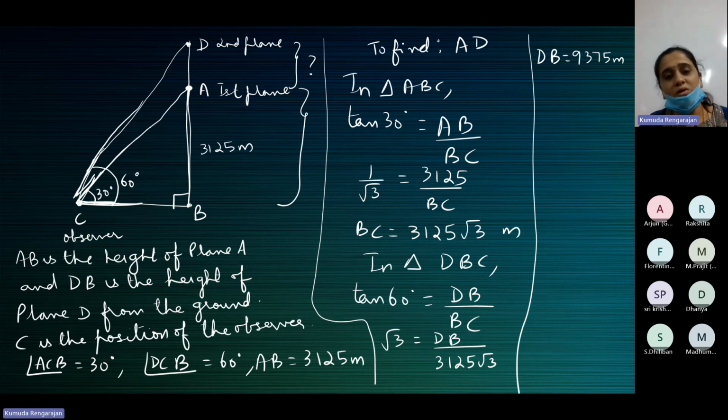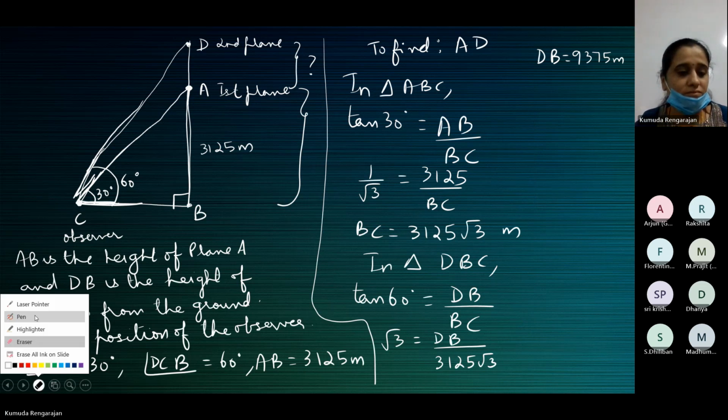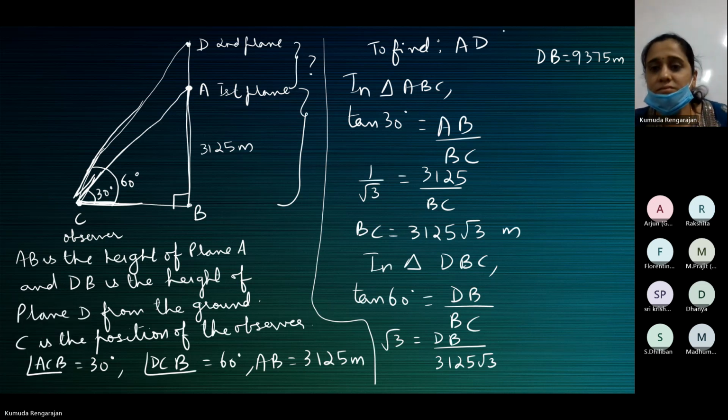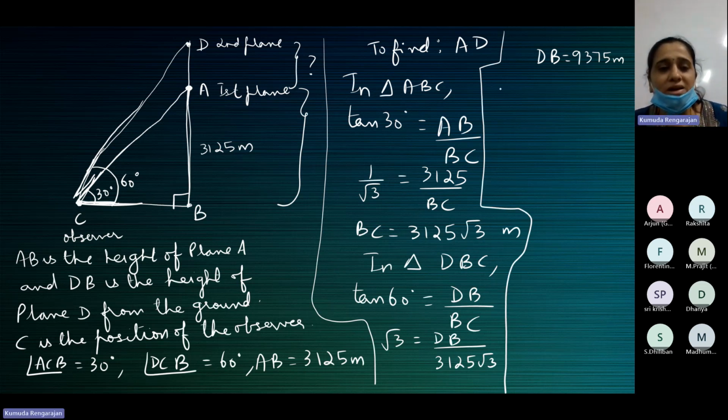So we found DB. What's the question? Find AD. What is AD? Correct, DB minus AB. You can write it like this: AB plus AD is equal to what, children?